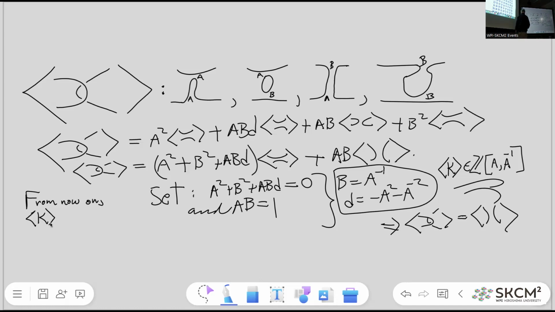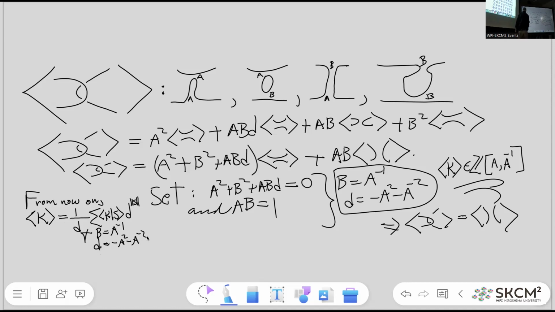From now on, bracket K will be equal to 1 over D times the sum of bracket KS, as before, with number of loops, and B will be equal to A inverse, D will be equal to minus A squared minus A to the minus 2.